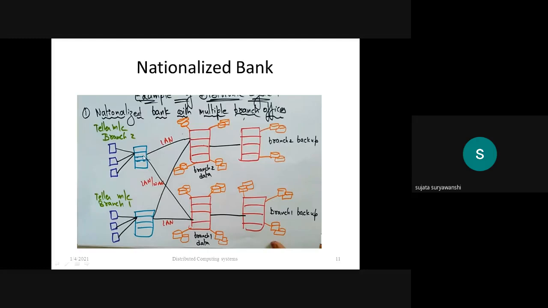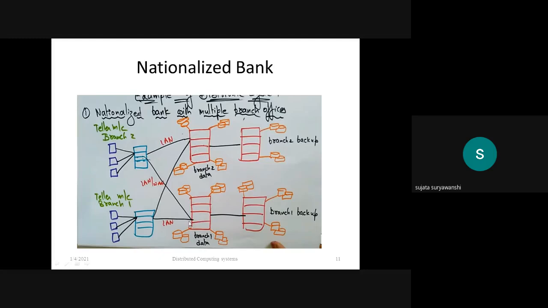This local server is connected to the main server, and the other branch's server is also connected to the main server. These are the local servers located at the branches, and these are the main servers located on the network. When a transaction happens at branch 2, it will be updated at the main server.